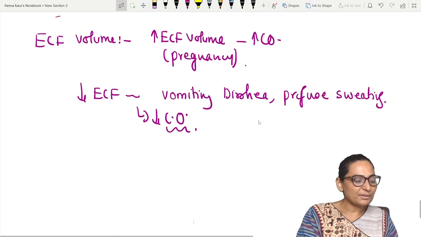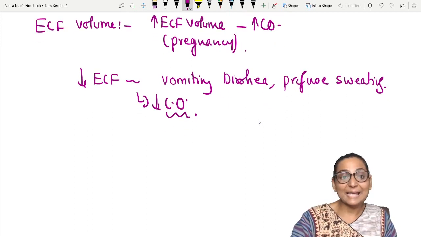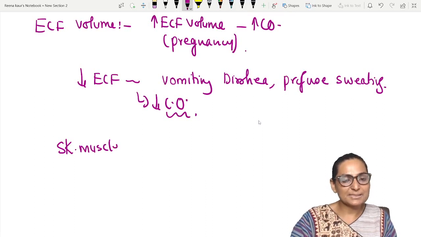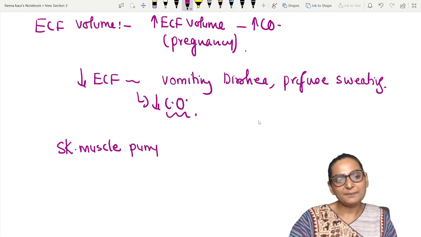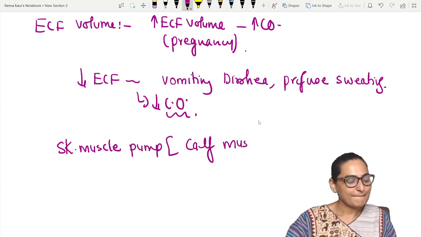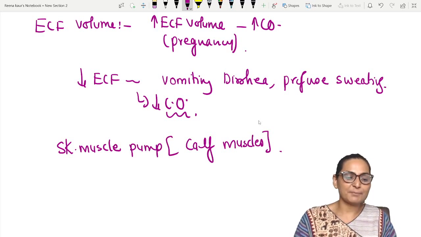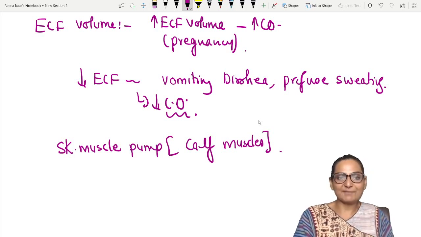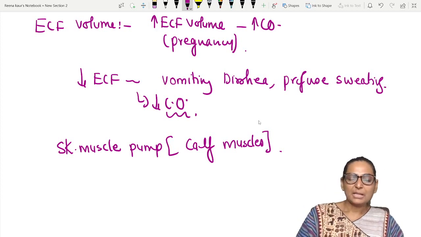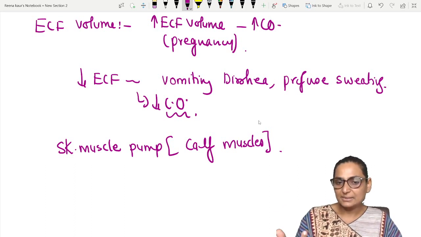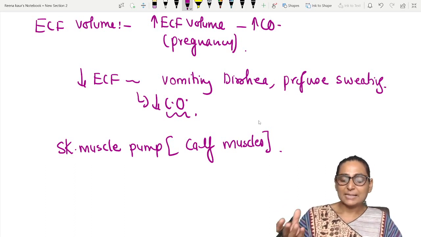Then the next important factor which we considered was the skeletal muscle pump, and this is especially your calf muscles. Now you know that the veins have valves in them, even the veins of the thighs, the calf muscles and the foot all have valves.